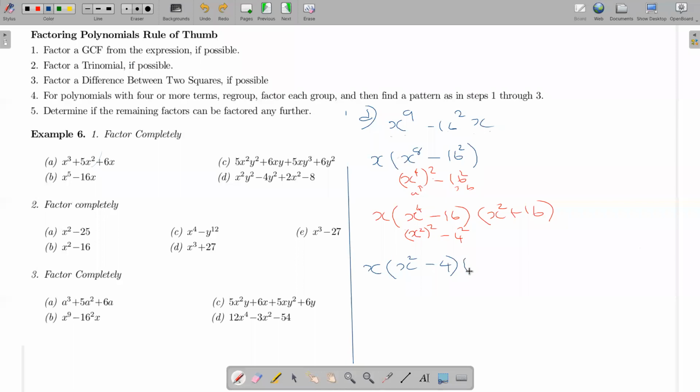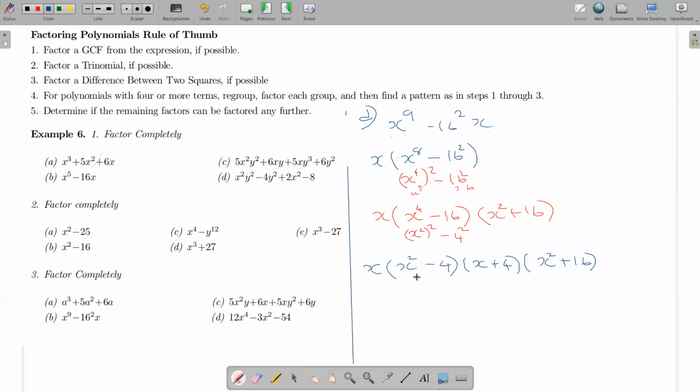a plus b. Okay, so this one x squared plus 16, this one I don't change, because sum of squares, no formula.